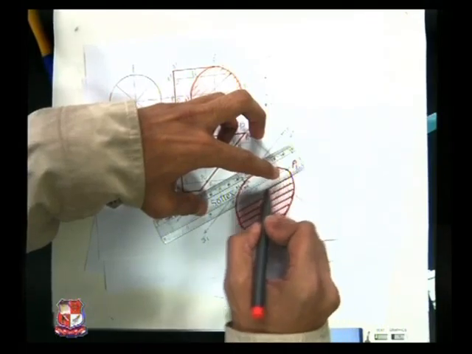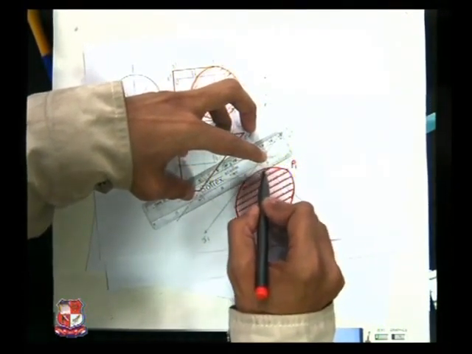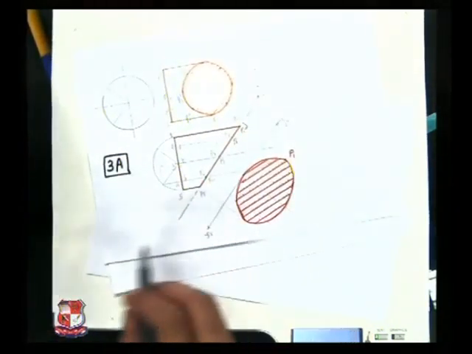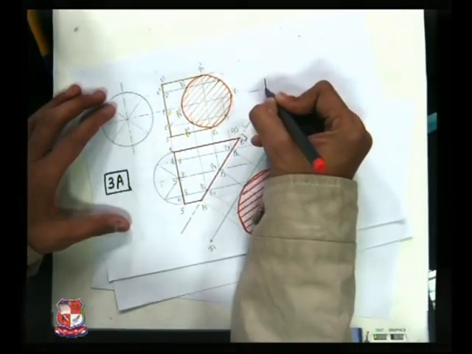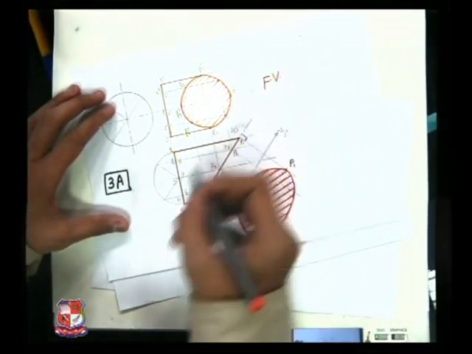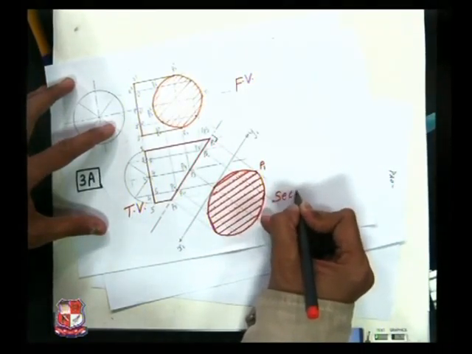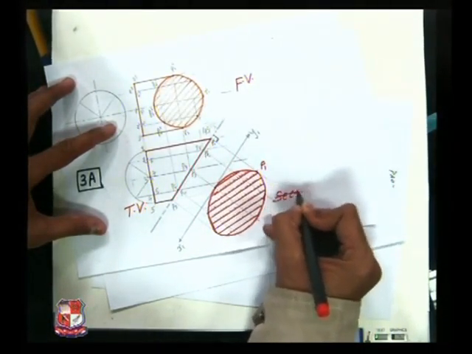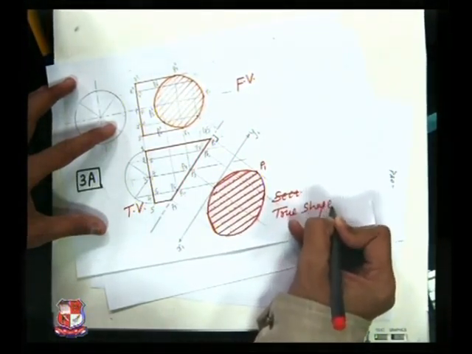Draw equidistant lines which make an angle of 45 degrees with the reference line, and mention the names of views. This is front view, this is top view or plan, and this is the sectional true shape of the section. True shape of the section.